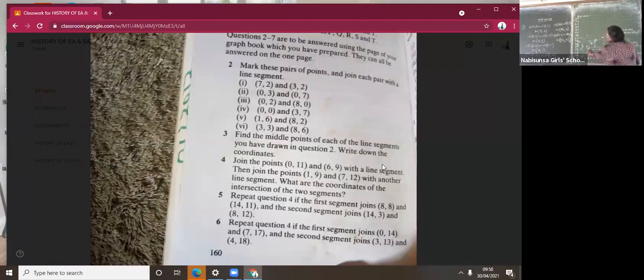And then from the starting point, we are counting the steps across. Can you help me count? 1, 2, 3, 4, 5. There are 5. And then vertically? 1, 2, 3. How many? 3.